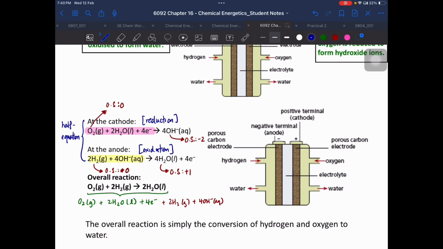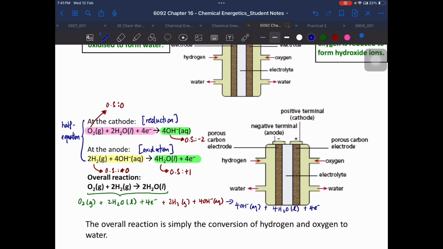Together, what will they form? Based on the reaction, you will form 4OH- and also 4H2O plus 4 electrons. So this will give you 4OH- plus 4H2O(l) plus 4 electrons.